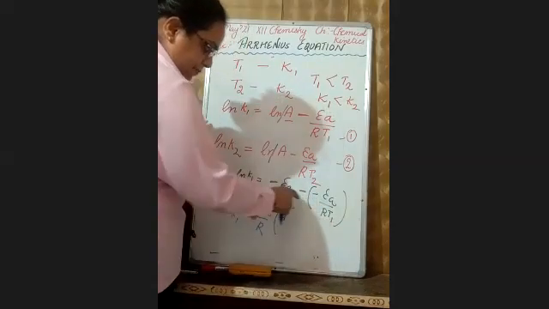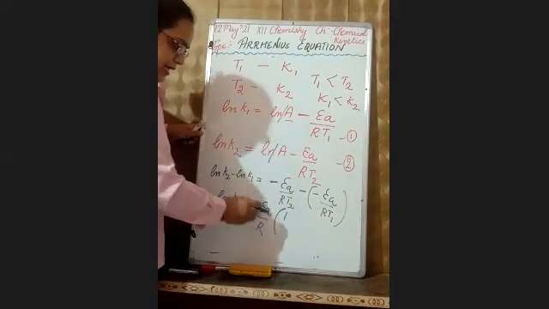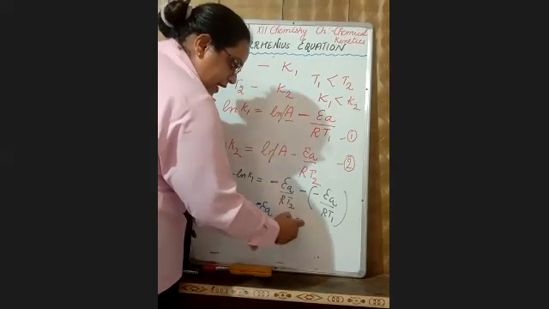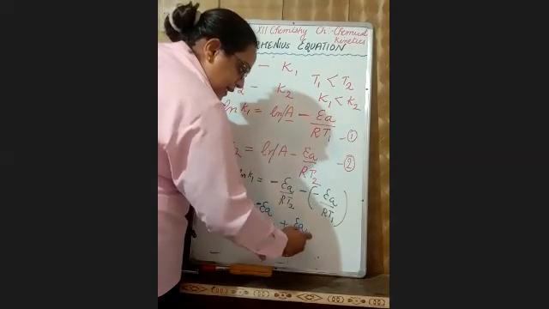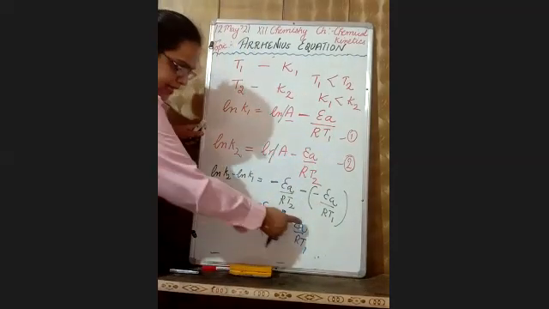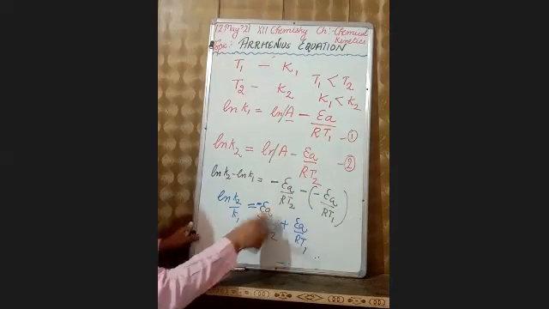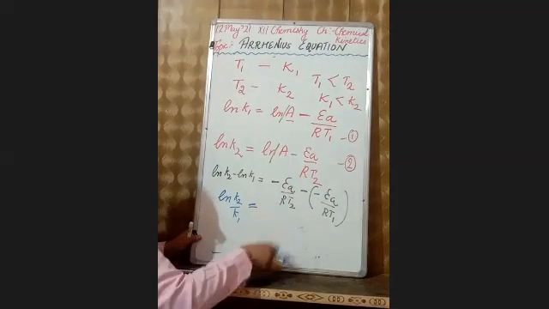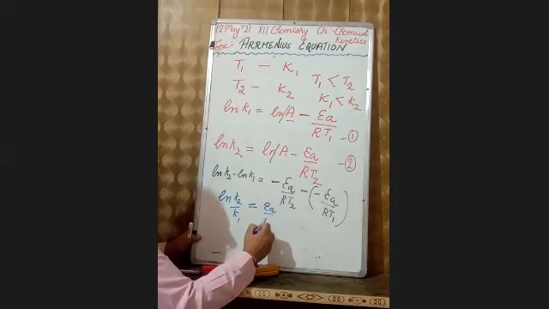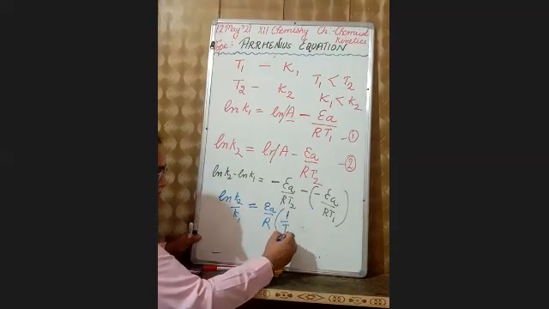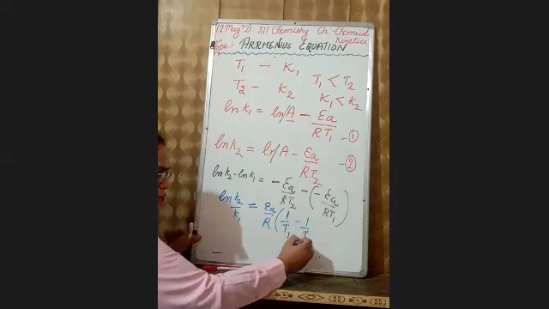It will be minus EA over R T2 plus EA over R T1. Take common EA by R. EA by R can be written as 1 by T1 minus 1 by T2.